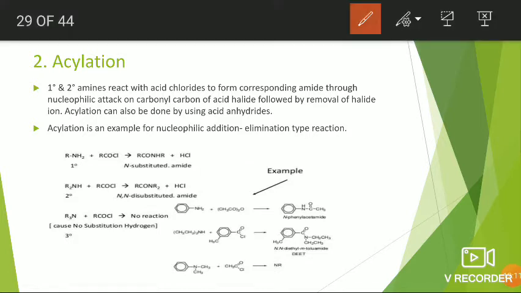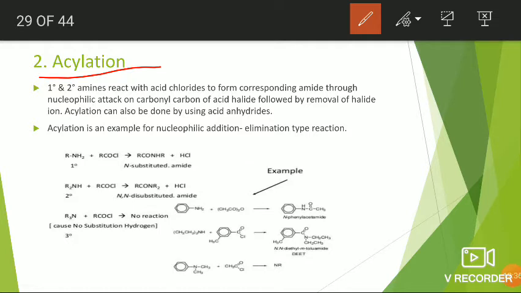Next is the acylation reaction of amines. Acylation means substitution of an acyl group on a particular compound or molecule.